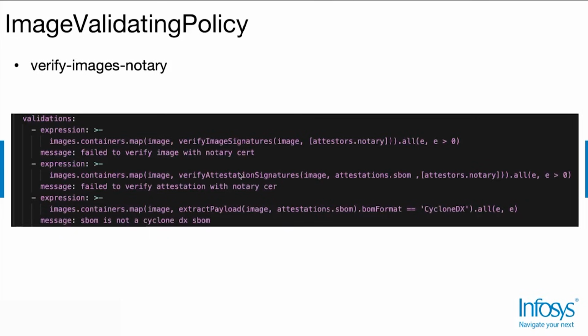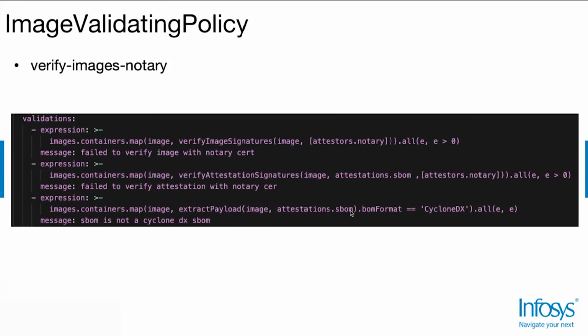And the last condition is that I'm iterating all the container images, extracting all the payloads. So I'm pulling all the image payloads from the remote registry and trying to make sure you have the SBOM of type format cyclone DX. Those are the custom data that you will attach to your image when you're building and signing your image.